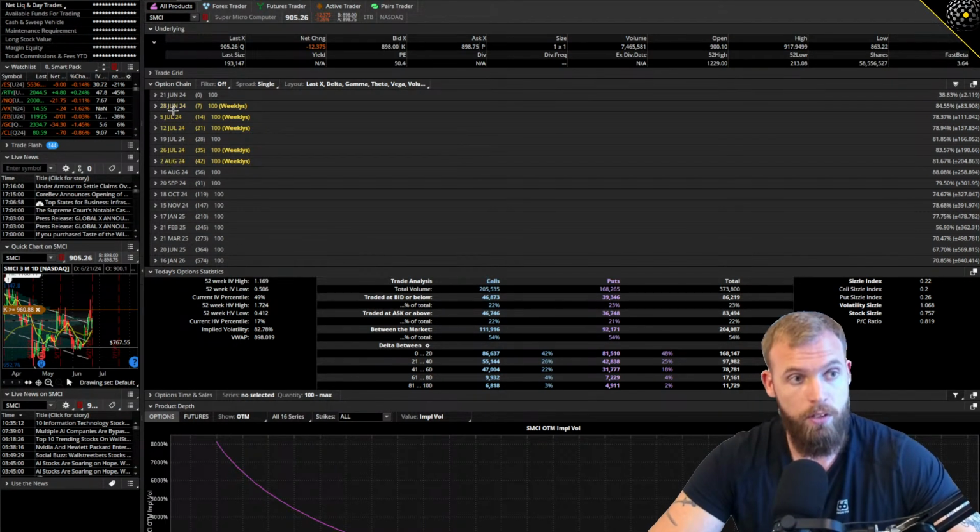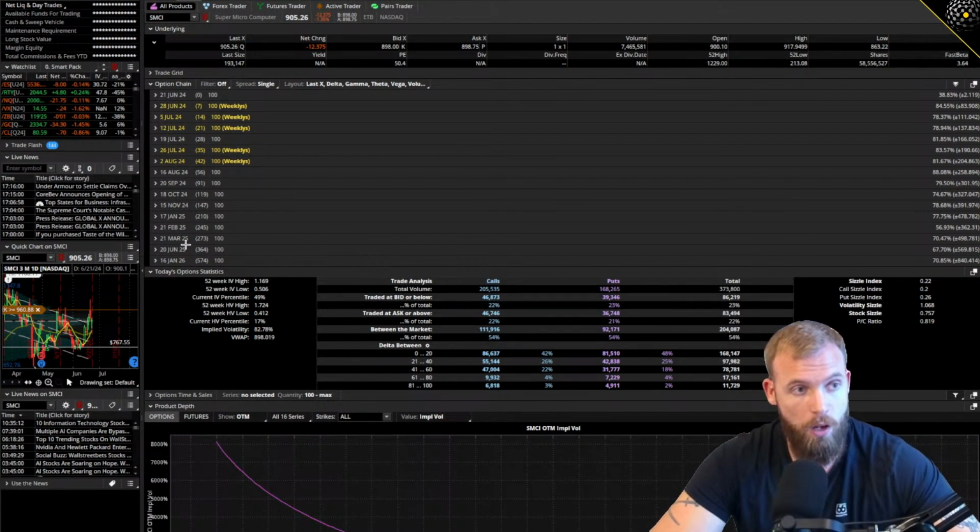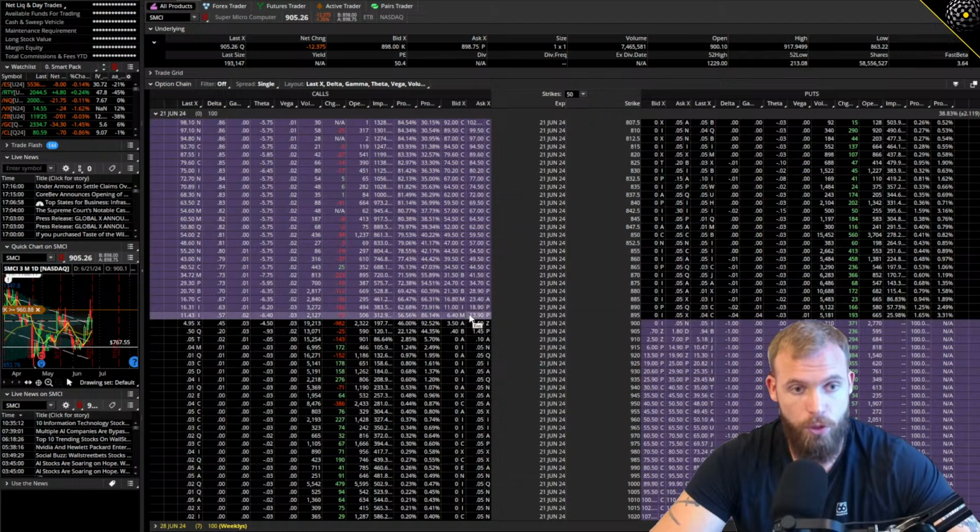The next thing, the further out in time you go, the more extrinsic value an option is going to have. Why is that? Well, because if you'll recall, an option's premium has two components. It has intrinsic value if it's in the money, and it has extrinsic value, which is all time value. We know that all options expire.